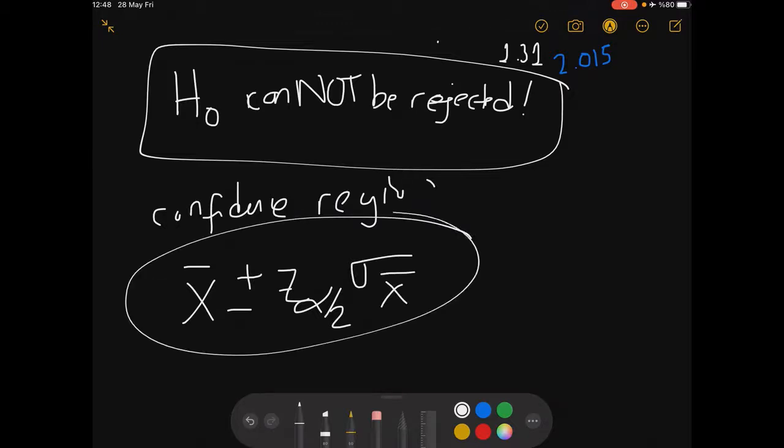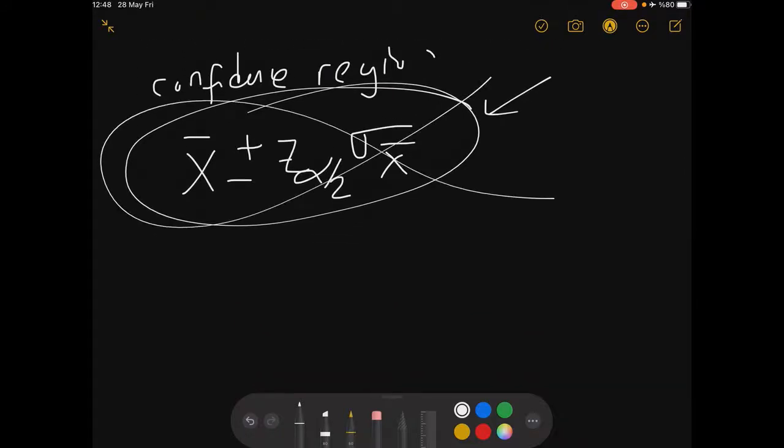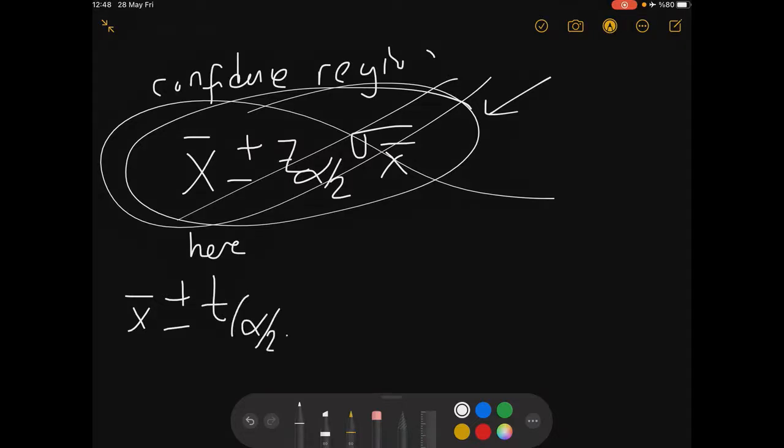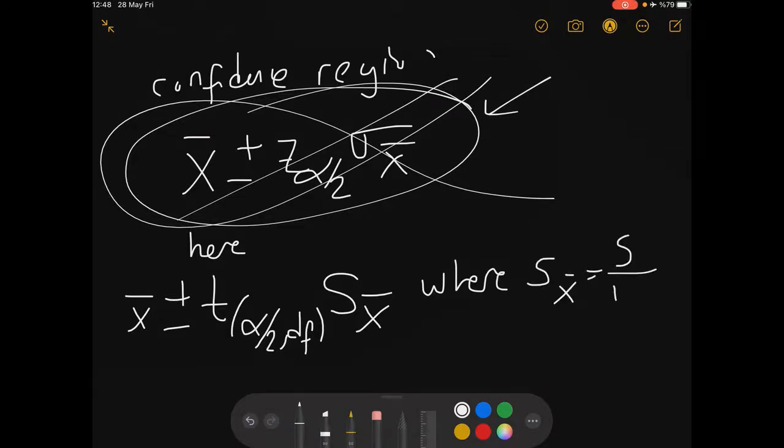This is for before, for the large sample analysis. But here, for small sample, we write x plus minus t alpha over 2 with the degree of freedom. You find this critical value, where Sx equals s over square root of n, right? So this is what we're doing.